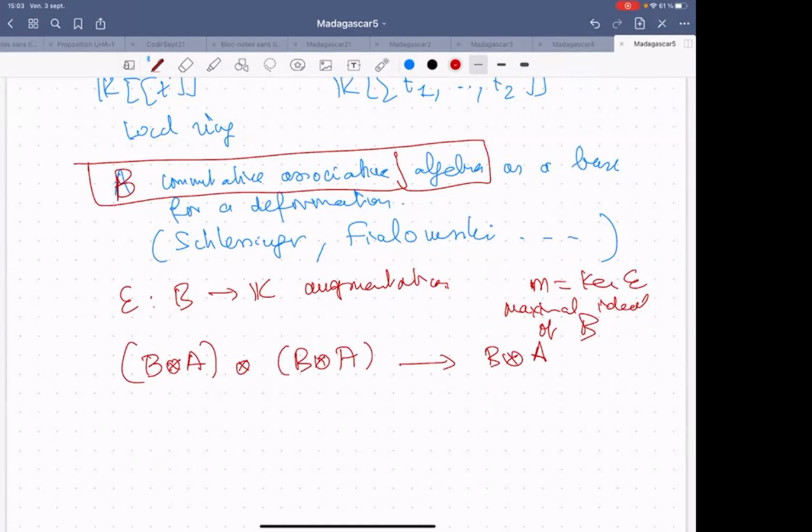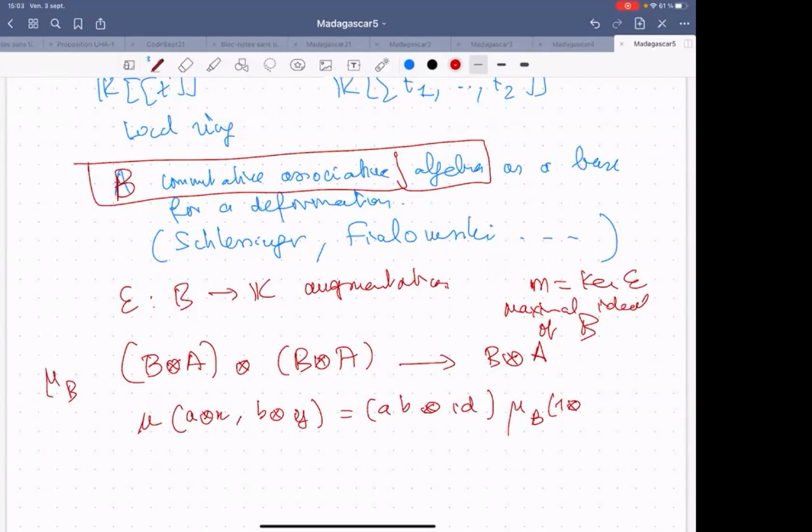Of course, here the multiplication should satisfy mu_A tensor X, B tensor X, Y. Sorry, this is A, B tensor identity, mu_B. This is my mu_B of one tensor. This is a B linear map.